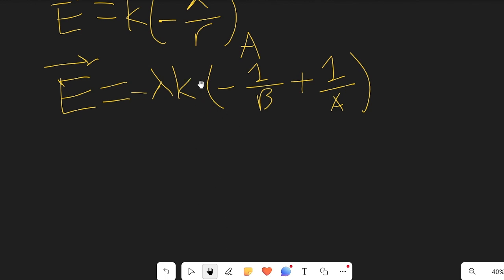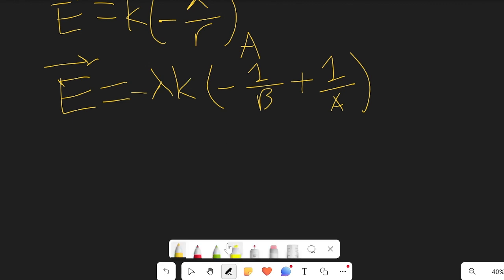Coulomb's constant, we know that's a constant, 9 times 10 to the 9, so we don't have to simplify that. But we'll calculate each of the others.